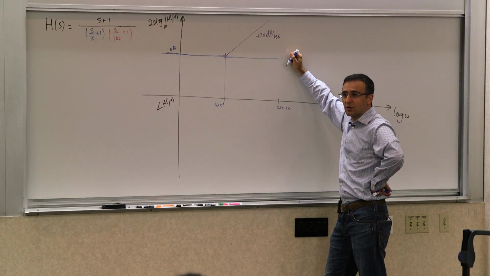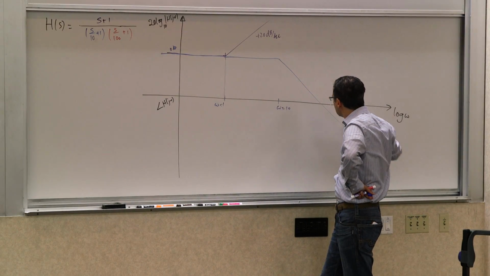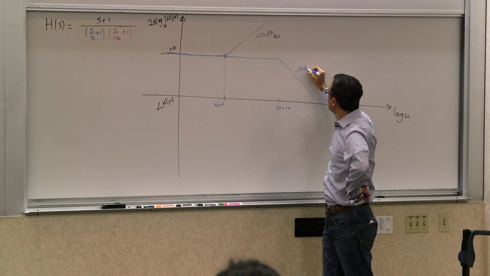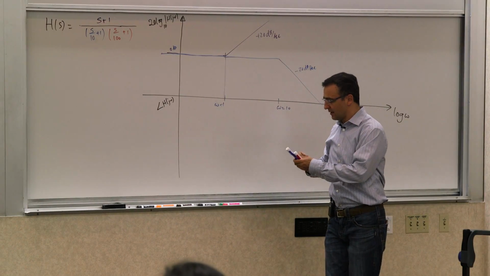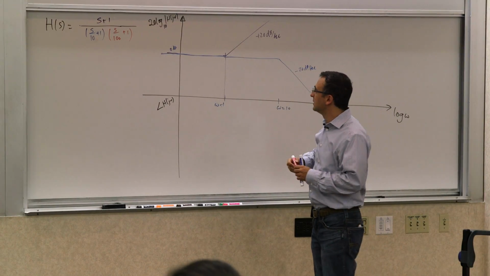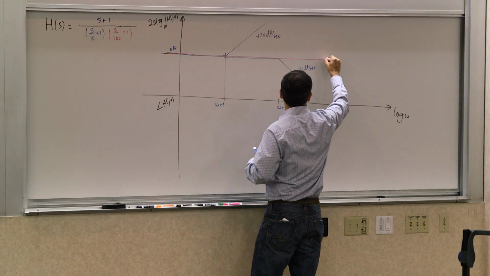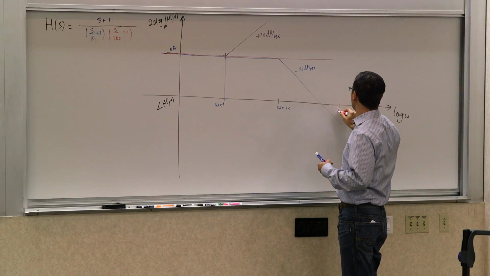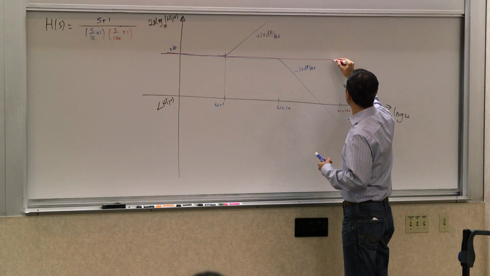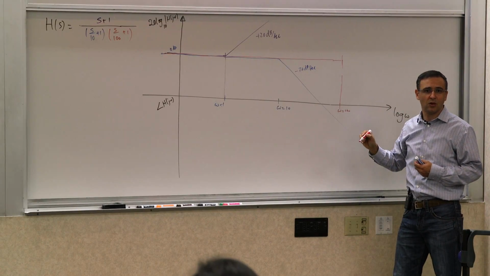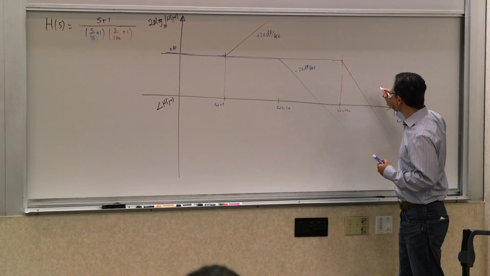I have another asymptote that goes down exactly, right? With what slope? Negative 20 dB per decade. And then I have that last one, which does what? Again, it keeps going. These are the asymptotes up to the point where I get to omega equals 100. And what happens at that point for that? Also goes down, right? With the same slope.